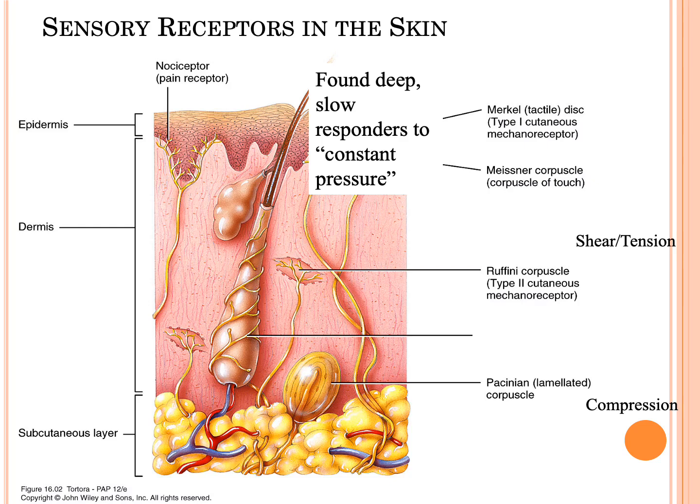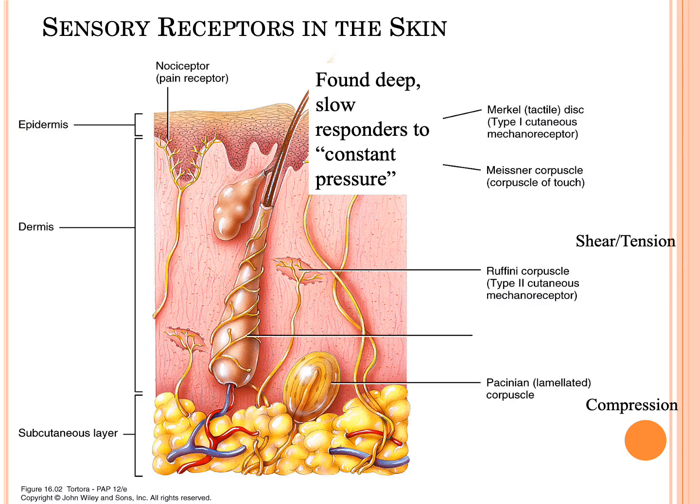The Pacinian corpuscles are very deep within the dermis, and they tend to respond more to a constant state of pressure. So when we sit down into a chair, the ability to sense when our gluteals are on the chair itself is coming from the Pacinian corpuscles, and the ability to sense compression onto that area.